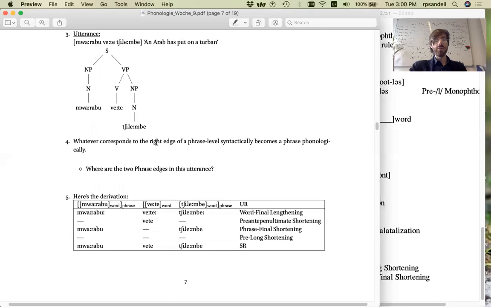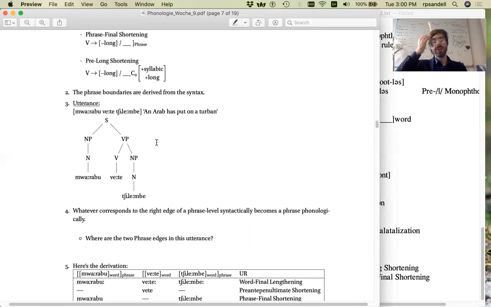So the basic principle with which we are operating here is simply that following from the utterance level, so syntactically seen, that would be a sentence node, or in other terms, a CP node, if you know what that means, whatever syntactic phrases are directly dominated by that will be transformed into phonological phrases.